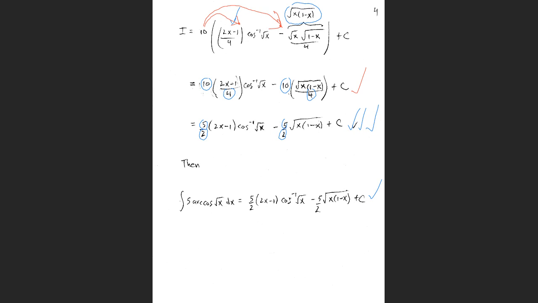Are there any questions? You can see how these tables really help you do some tough problems. They really do. Well, the substitution with the tables. All right, let me stop the recording.